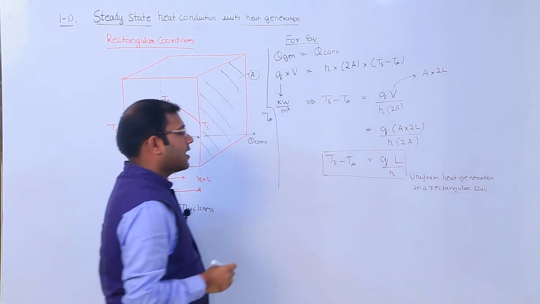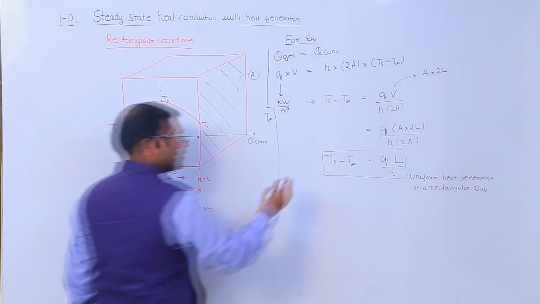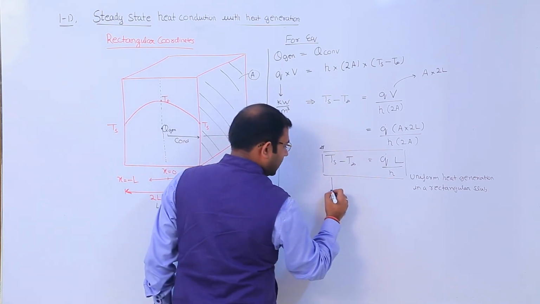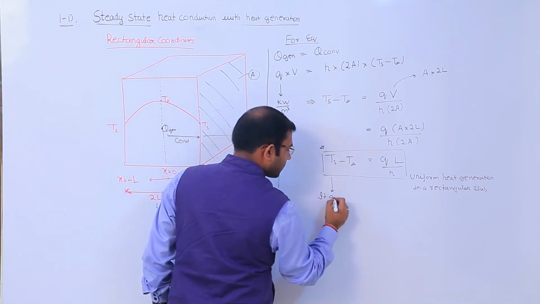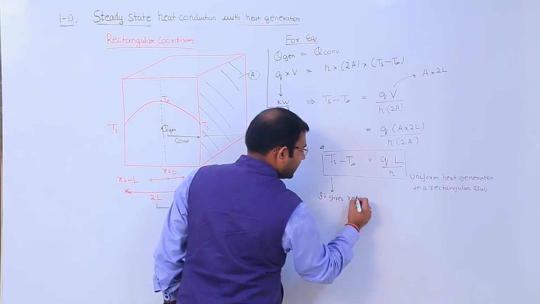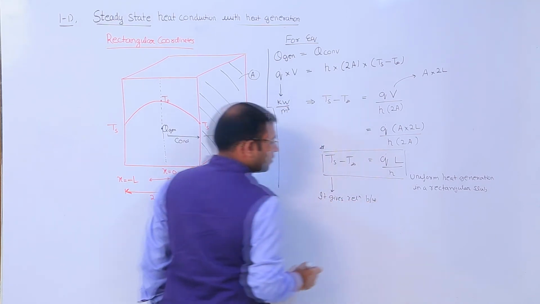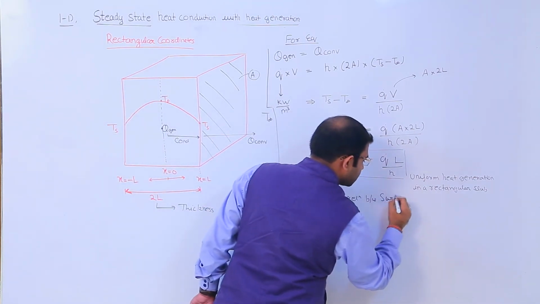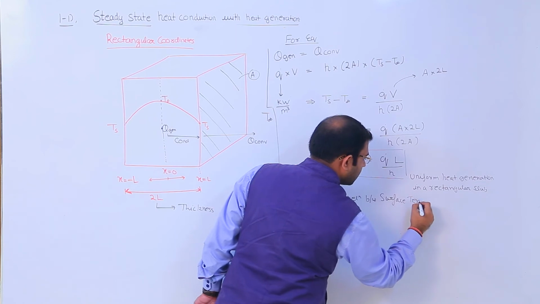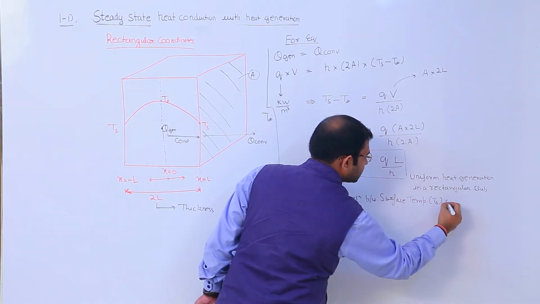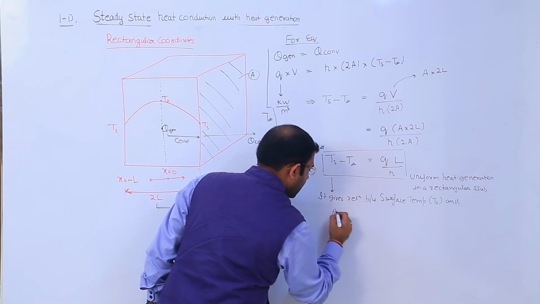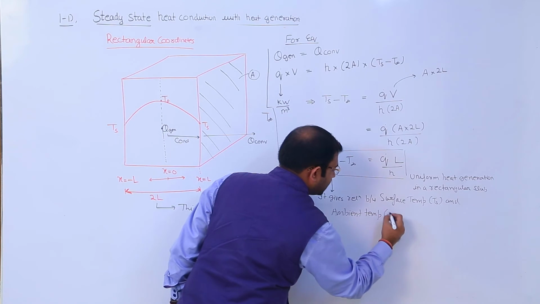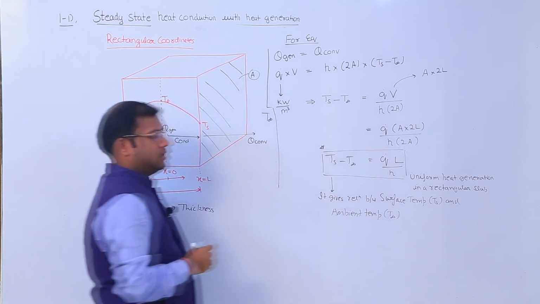In a rectangular slab. This is very important. This relation gives us the relation between your surface temperature Ts and ambient temperature T infinity.